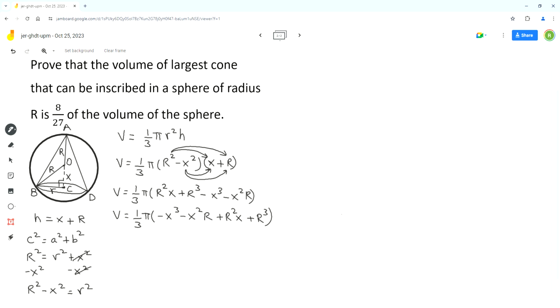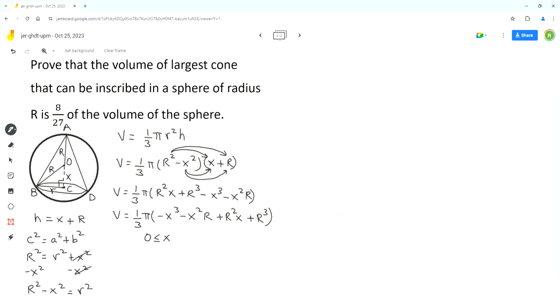Now we can write the domain for this volume function. X represents the distance from point O to point C in the diagram. X cannot be a negative number, but X can be equal to 0 if the base of the cone coincides with the center of the sphere.